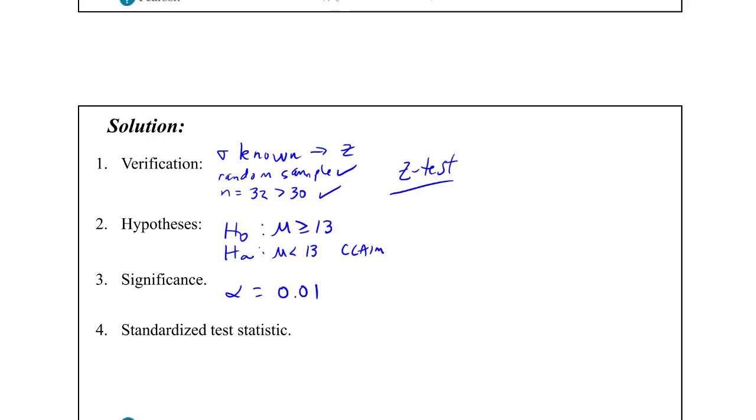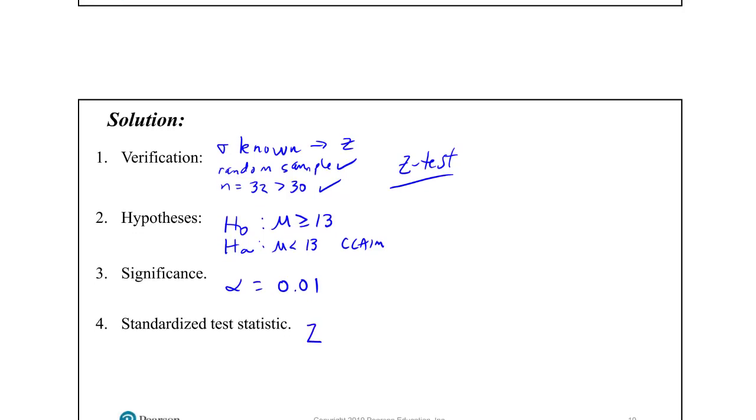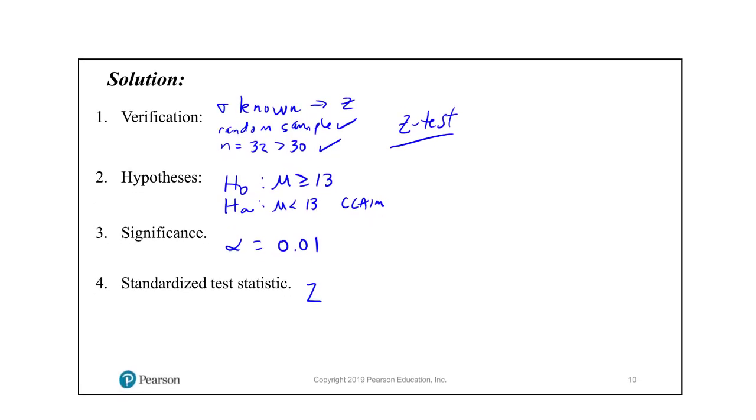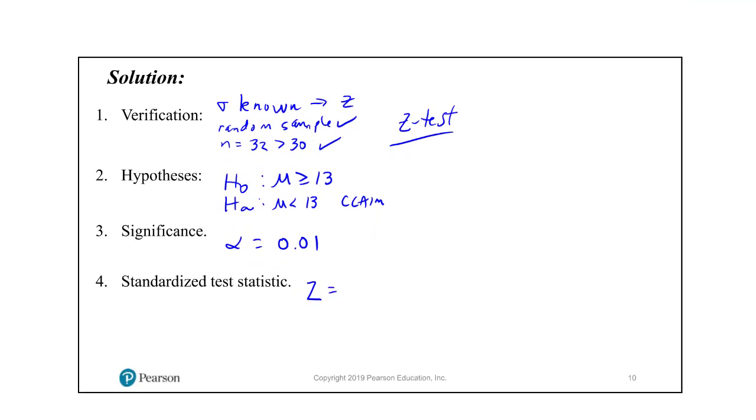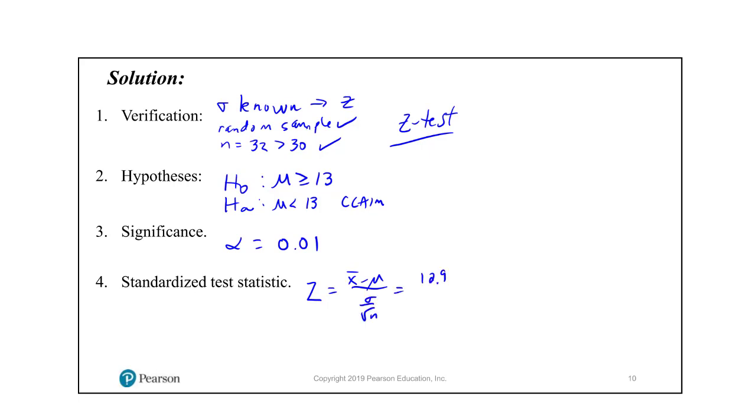The standardized test statistic, okay, so remember that's z equals x bar minus mu over sigma over the square root of n. That will be 12.9 minus 13 over 0.19 over the square root of 32.